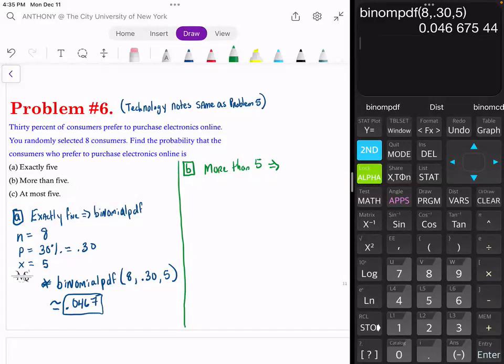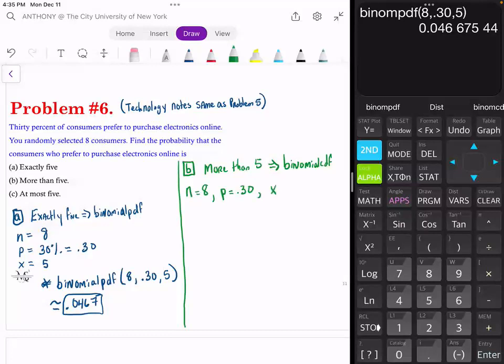CDF. Careful, it's CDF. Yeah, that's what I said. Oh, I'm so sorry. No, you got it. So we're going to have to use a binomial CDF command. Let's label our n, p, and x. So n is 8. P is still going to be 0.30.